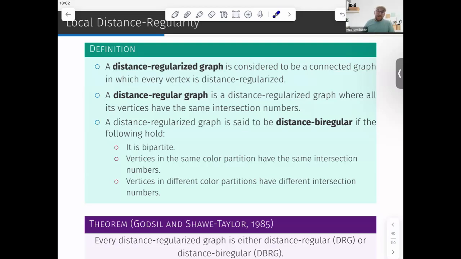While in the second case, your graph is biregular, and you will have two pairs of intersection numbers. So we will have a bipartite graph where vertices in the same bipartition have the same intersection numbers, vertices in the other have the same intersection numbers, but these two arrays are not the same.